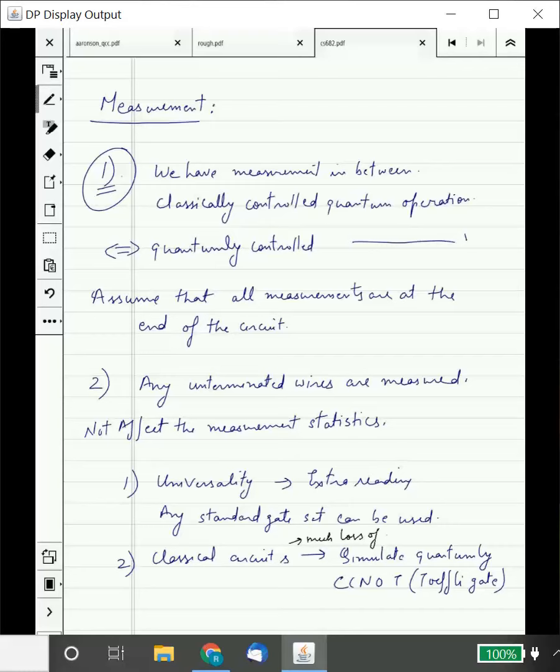That means it's not expensive to simulate a classical circuit quantumly. The proof is not that difficult, and again it is given as an extra reading. This means we can assume any classical gate at our disposal with the same cost.